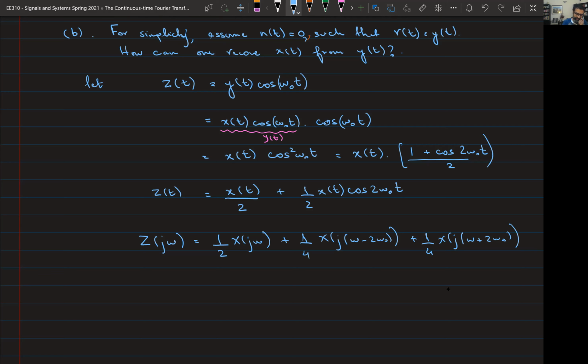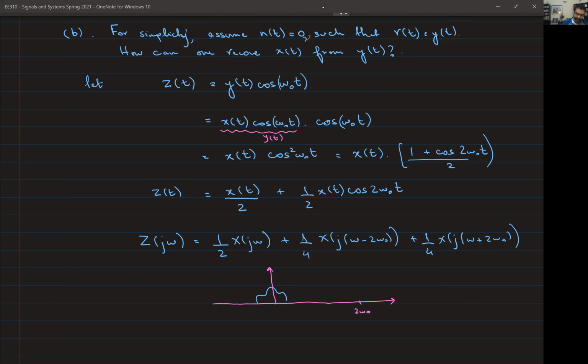And if I sketch this z of j omega out, this z of j omega is going to have a copy of my desired signal, albeit scaled by a factor of 2 here. And then there's going to be a high frequency copy residing at 2 omega naught.